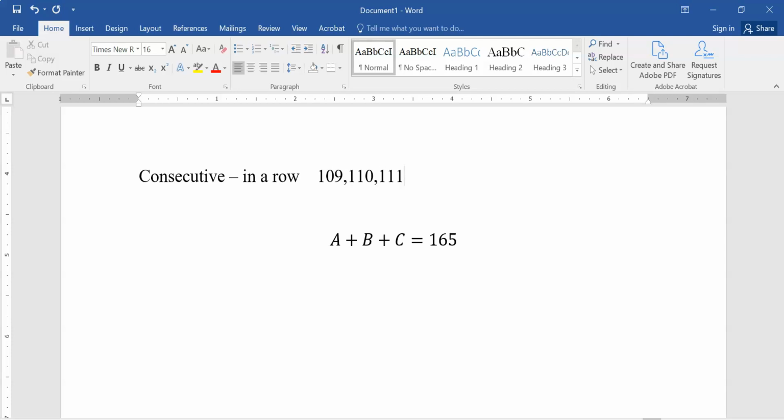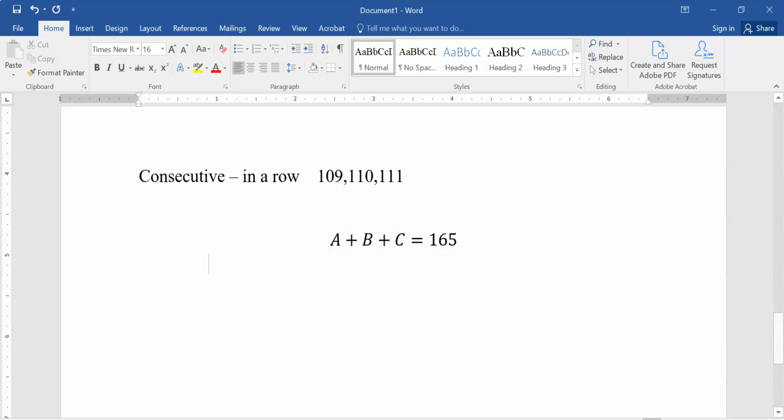Now notice what's going to happen here: if I know the first number, we'll call that A, the smallest one, then I can get the next number by adding 1 to A, and I can get the third number by adding 2 to A.